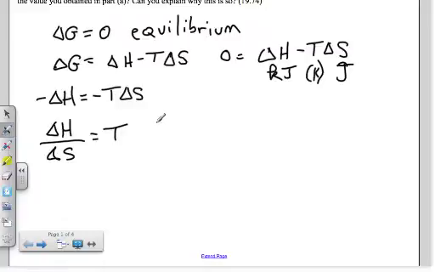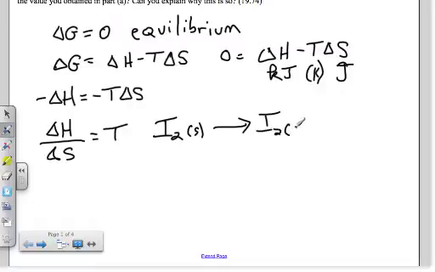Okay, so let me get my work in front of me here. The equation that we're talking about is I2 solid, which is the standard state for iodine, goes to I2 gas. So when I am doing my delta H for sublimation, it is equal to products minus reactants.